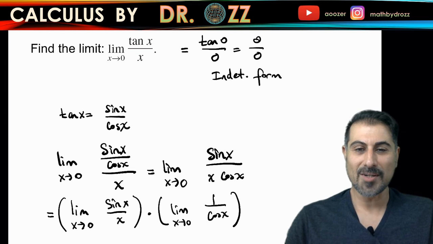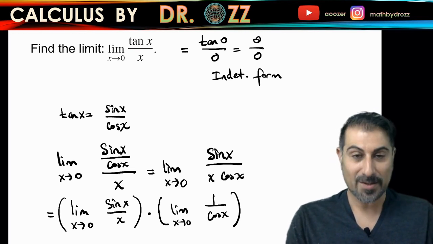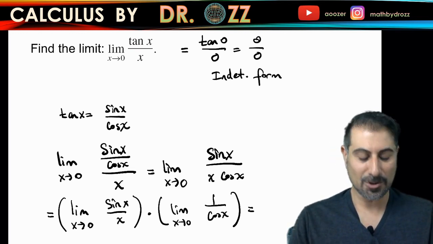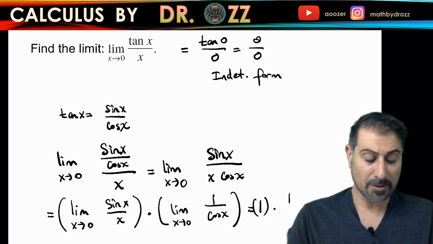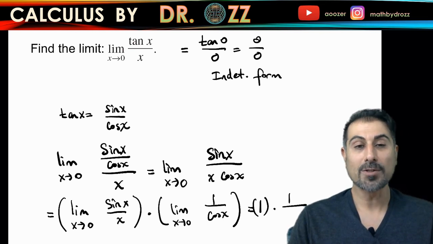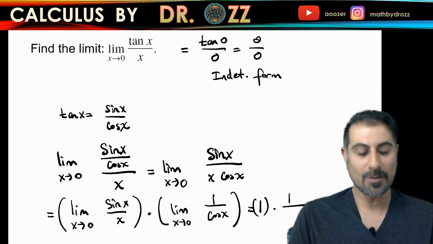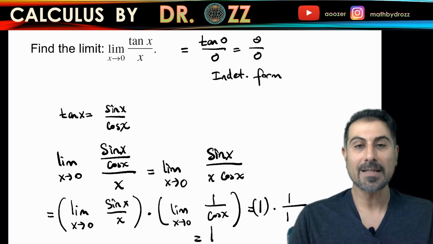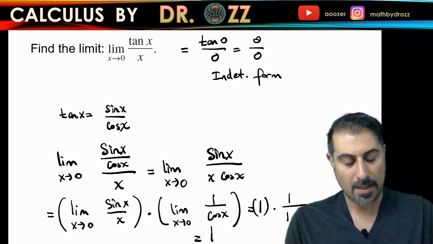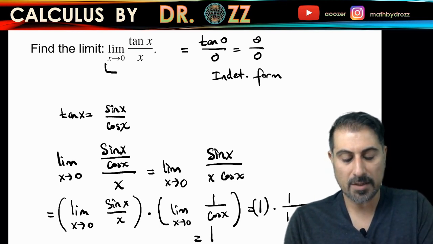I know that the limit of sine x over x is 1 from the previous slide, and 1 over cosine x has the limit by direct substitution, 1 over cosine 0, but cosine 0 is equal to 1, so it's 1 over 1. So we conclude that this limit is exactly equal to 1, and then so is this limit.